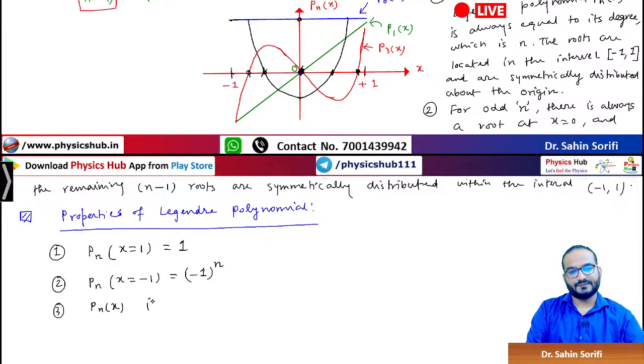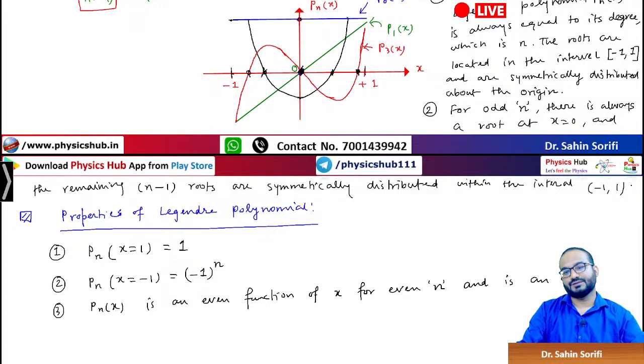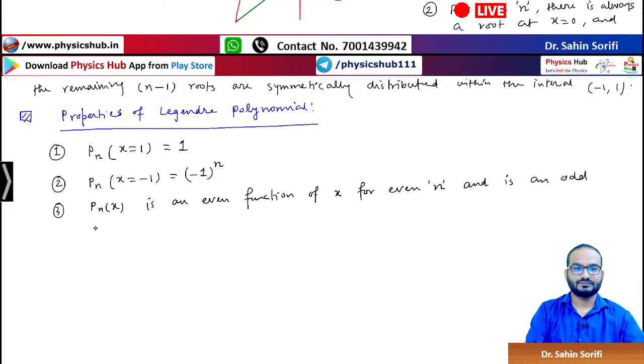Pn of x is an even function of x for even n and is an odd function for odd n.